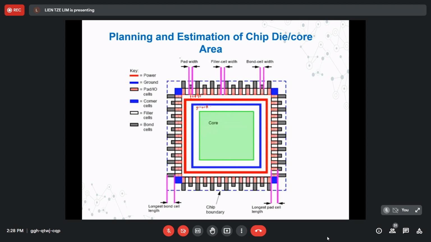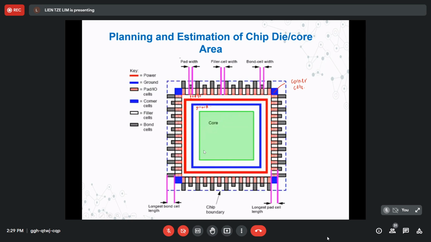And others, like this one, is corner cells, similar to the previous one. And this one is the input output pad.